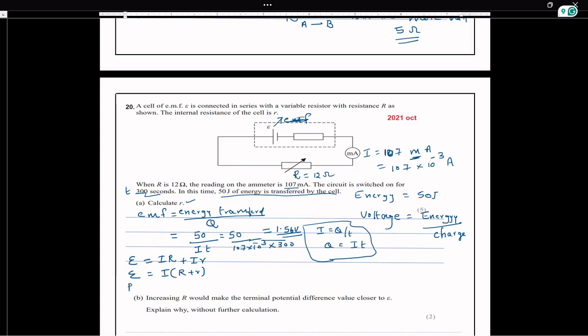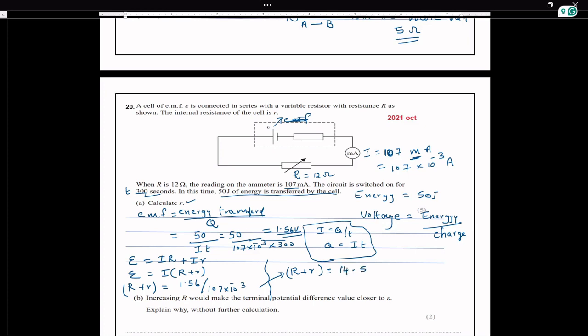Therefore, from here we can find the sum of the total resistance. That is 1.56 over 107 times 10 to the power of negative 3. So from here I'm getting an answer for the total resistance R plus r.